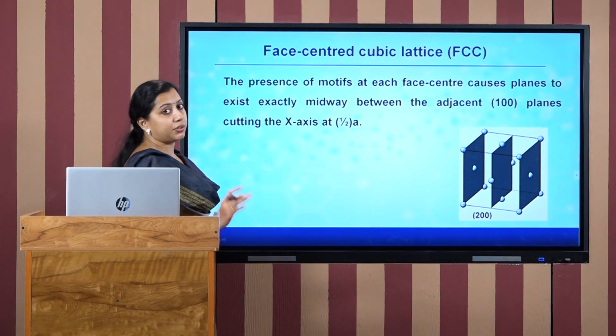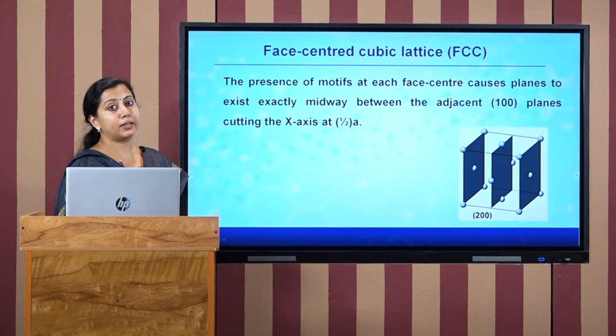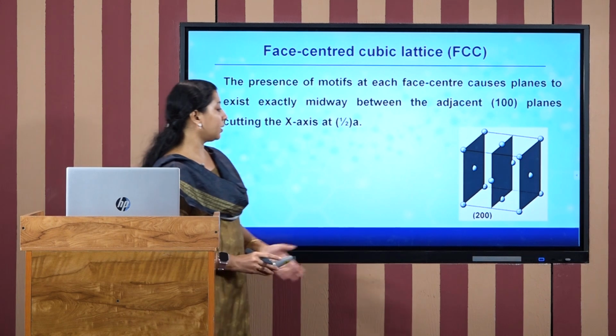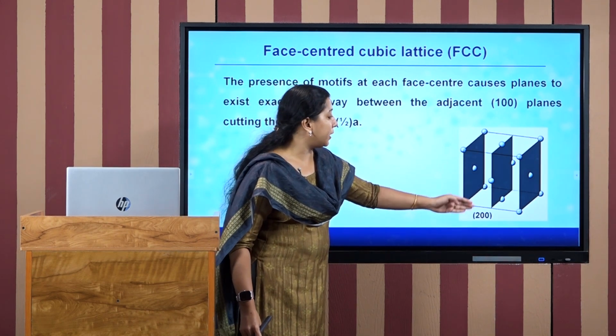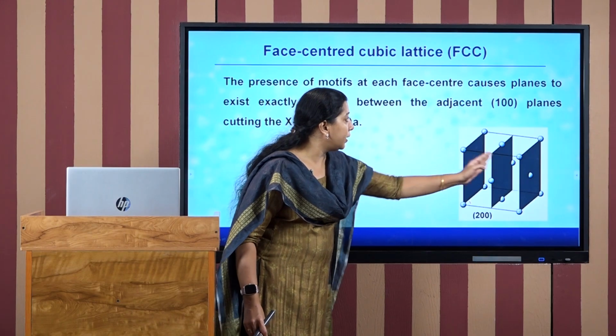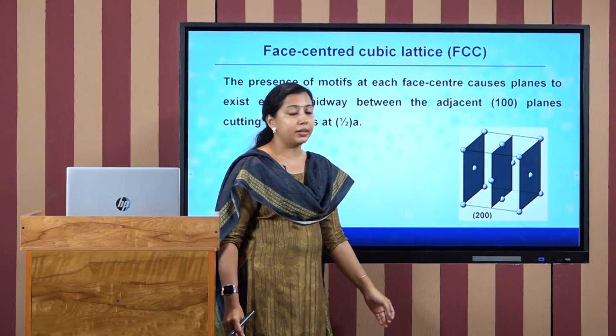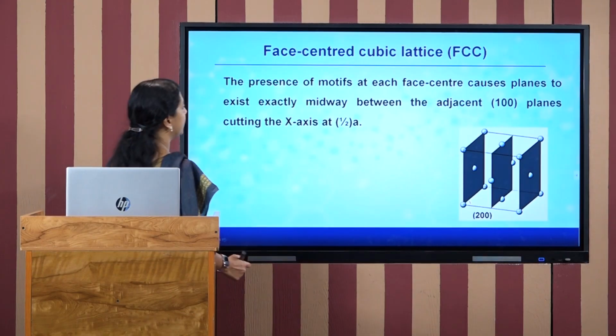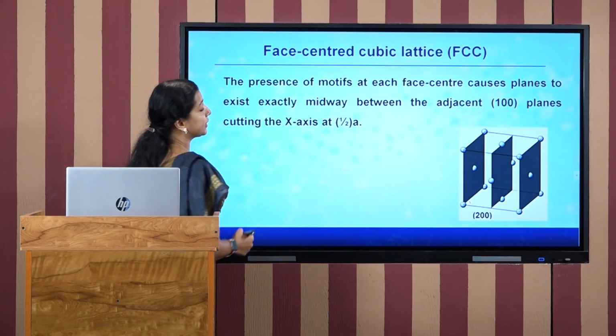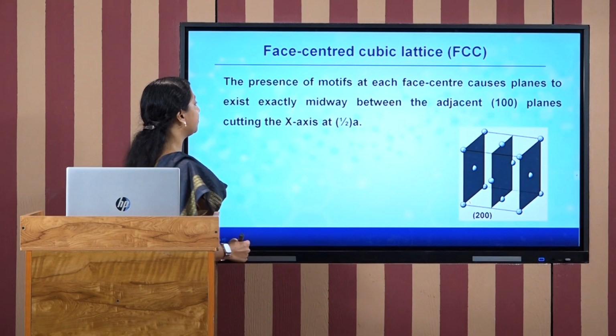So, when we take the first plane, that is the 1 0 0 plane in a simple lattice, here you can see that exactly midway between the two adjacent 1 0 0 planes, there is a plane passing through the center. So, it cuts the x axis at 1 by 2 a.